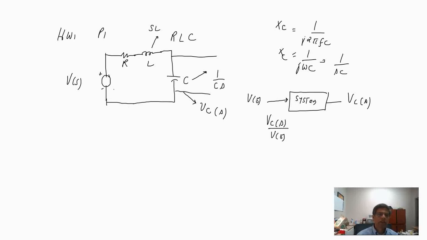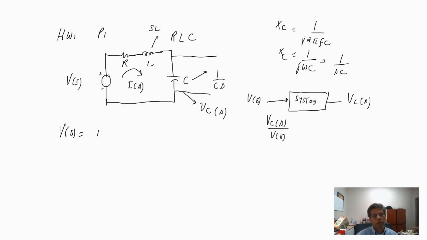Series circuit, we all know there's a current going through it also, and we're going to write this current in the S domain too, I of S. No need to write it in the time domain because that can make things a bit complicated. So here we go. The input voltage, as you know, in a series circuit, V of S must be equal to the drop across this one, the drop across this one, plus the drop across this one.